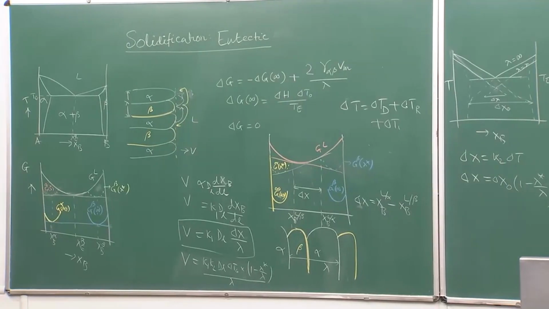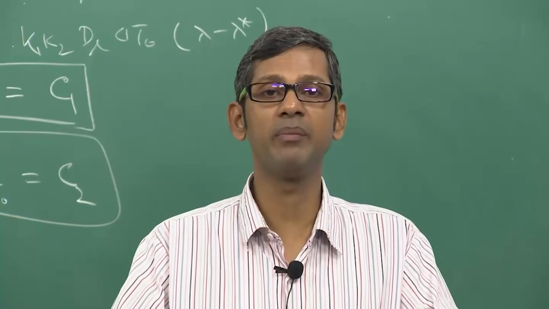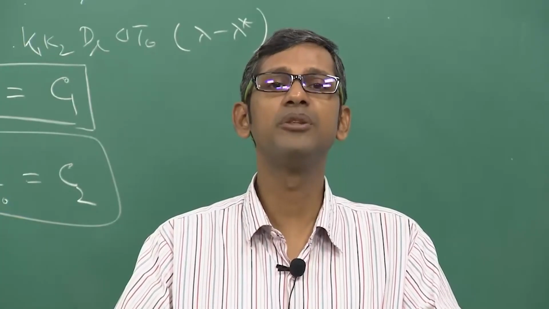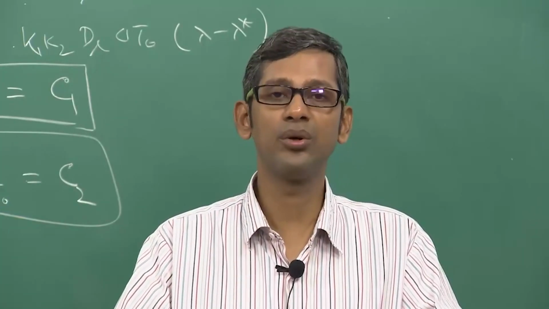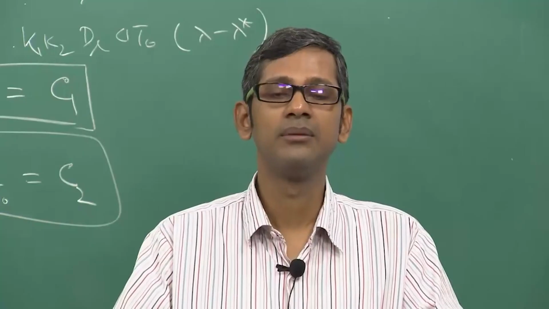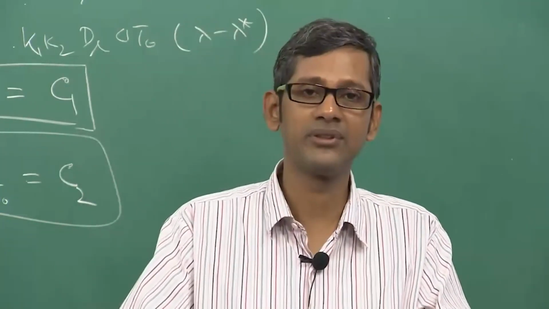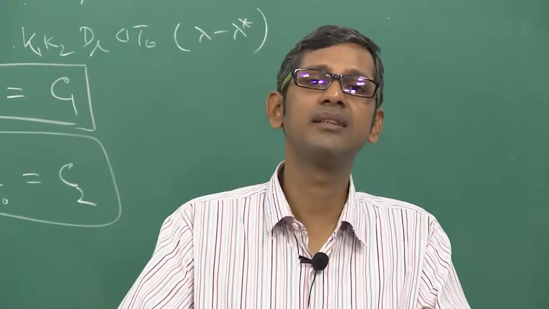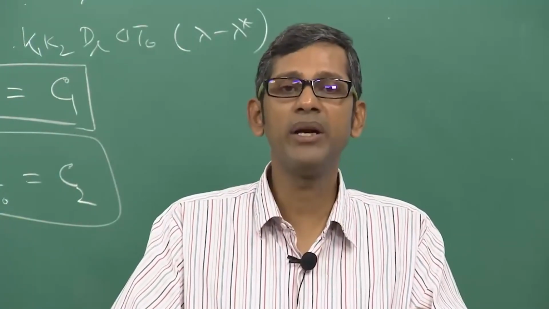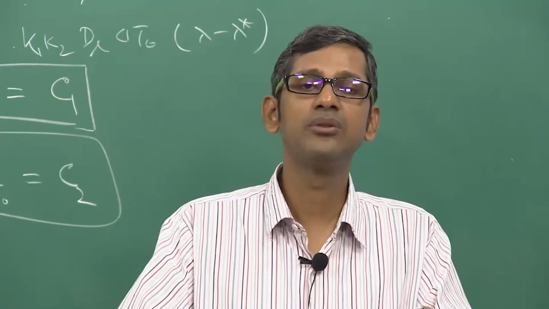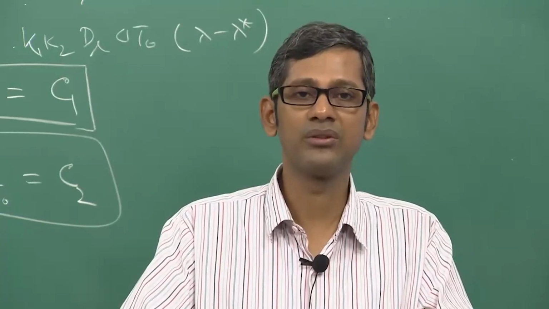Compared to dendrites, eutectics are equally widely observed in microstructures, so it is important that we know their growth very well. But unfortunately those theories are still not developed. There is a requirement to develop a new theory to understand eutectic growth.